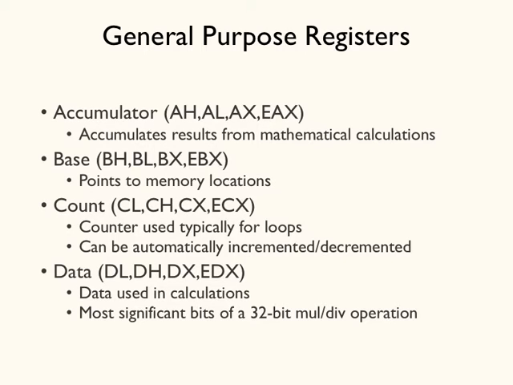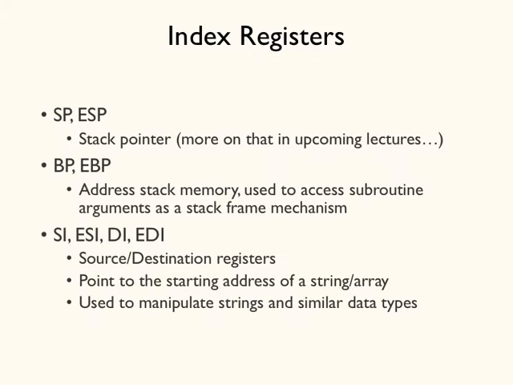If you wanted to do a mathematical calculation, you probably put that value in EAX. But now they are basically physically the same. So you can put the value in any of those general registers. And the index registers, SP stack pointer, BP, we talked about this. We will see some videos.